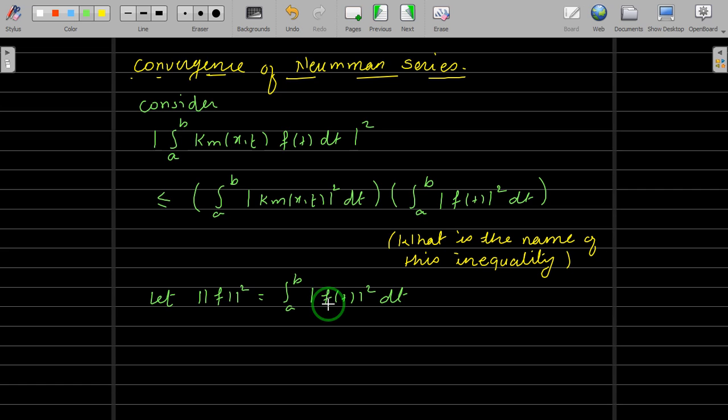That means those are square integrable functions, so this will be finite. And on that you define the norm of f as this bracket integral whole raised to half. So I am taking the square on both sides. Let us take this to be some d square, where d is a constant. It's finite because f belongs to the L2 class, right?